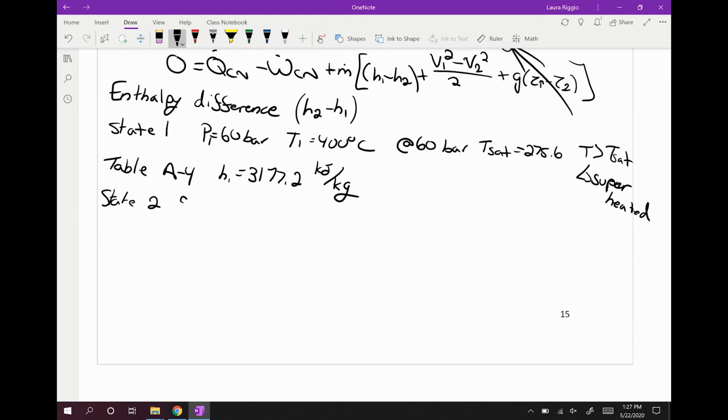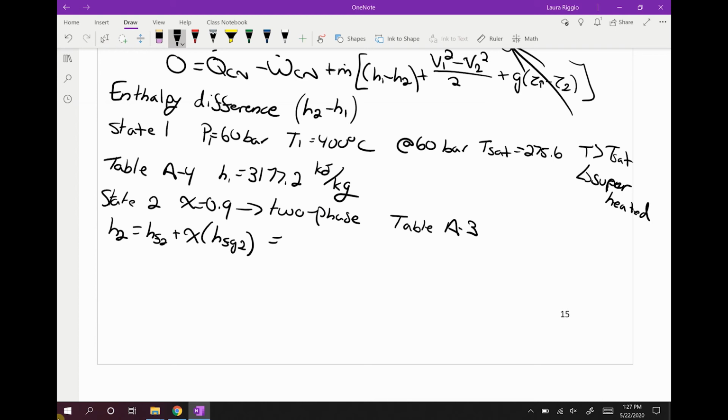At state 2, we're told the quality is equal to 0.9. We're given the quality, which is a dead giveaway that we are two-phase. So I want to go to table A3. H2 is equal to HF2 plus our quality times HFG2, which is equal to 191.83 plus 0.9 times 2392.8, which is equal to 2345.4 kilojoules per kilogram.